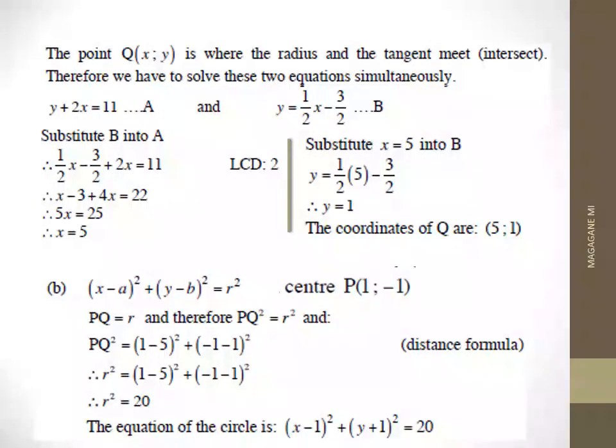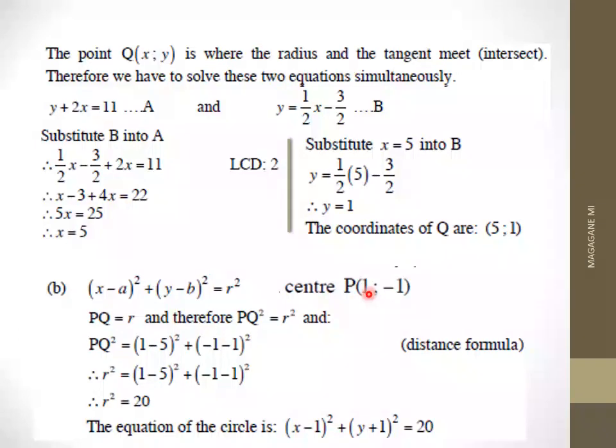To find the equation of the circle, we go back and substitute into the equation x minus a squared plus y minus b squared equals r squared. We must be very, very careful when we substitute from the center into the equation. We know that a represents the x value and b is our y value. So when you substitute, it's very, very important.